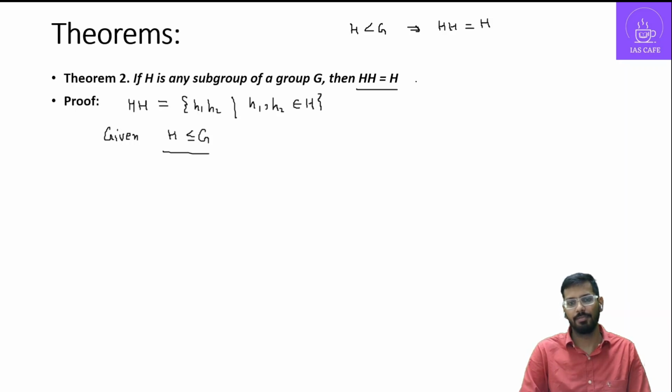Our approach will be the same: first we will prove HH is a subset of H, then H is a subset of HH. From these two, we can say HH is equal to H.